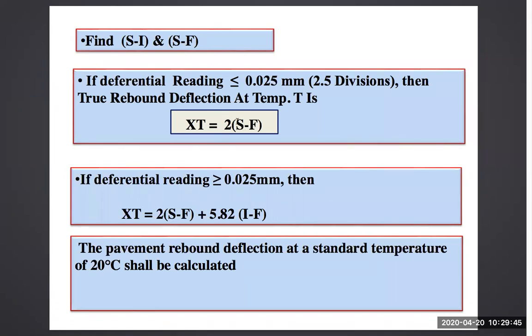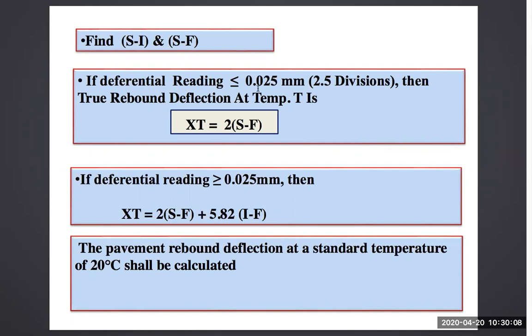If it is exceeding 0.025 mm, then xt is equal to 2 into (initial minus final) plus 5.82 into (initial, intermediate minus final). So this depends on the deflection values.